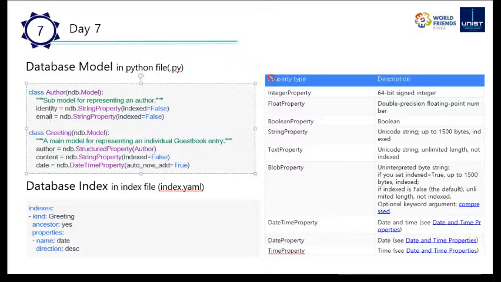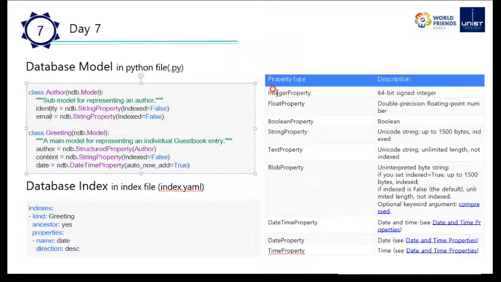And this is a table about what types of property they have. You can see all of this inside the Google App Engine documentation, in one of Google's pages.